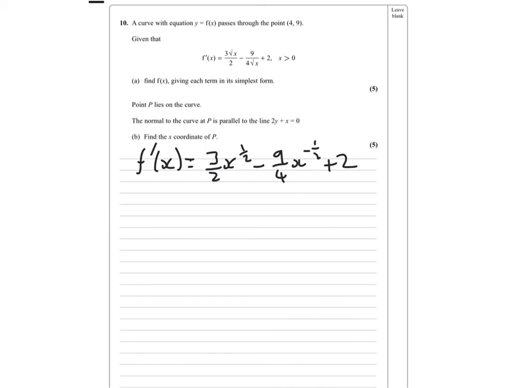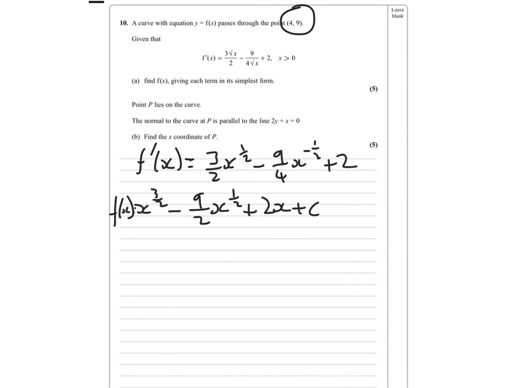and I'm going to get this, which is x to the power 3 over 2. I could put f of x, couldn't I? f of x equals x to the power 3 over 2, and then it's going to be minus 9 over 2 x to the power half, and then it's going to be plus 2x plus c.